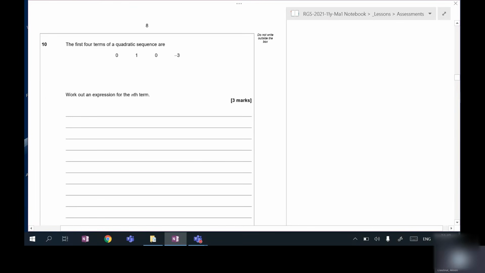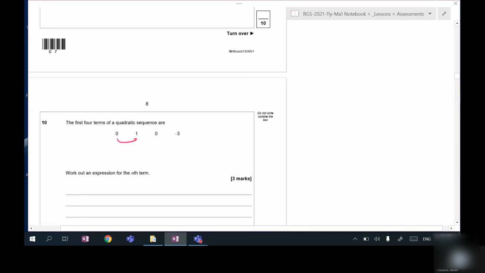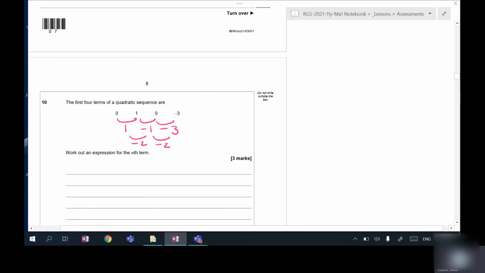Nth term of a quadratic sequence. Again, no different. Okay, so work out the first difference. And then work out the second difference.